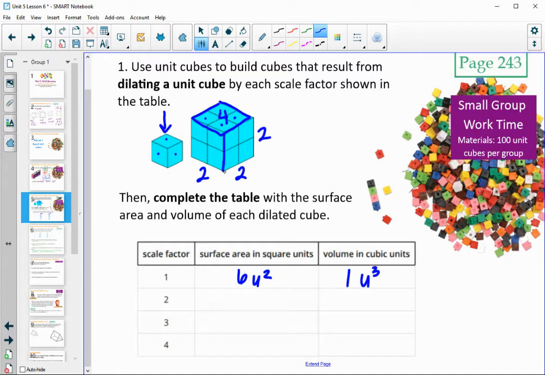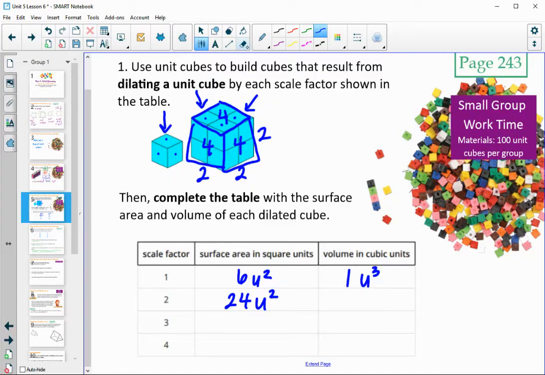Then this front panel is 4, there's a back panel here of 4, this panel has 4 squares on it, and so does this back one. So we've got 6 surfaces, all with 4: front, back, top, bottom, left, right. Count those all up, and that would be 24 units squared.